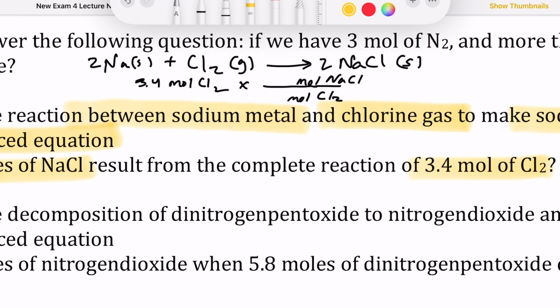Well, it's the numbers that you've written as the coefficients. It's 2 for NaCl, and then 1 for Cl2. So it's 2 over 1. And if you cancel out the units that don't belong, then all you get at the end is 3.4 times 2, which is 6.8 moles of NaCl.